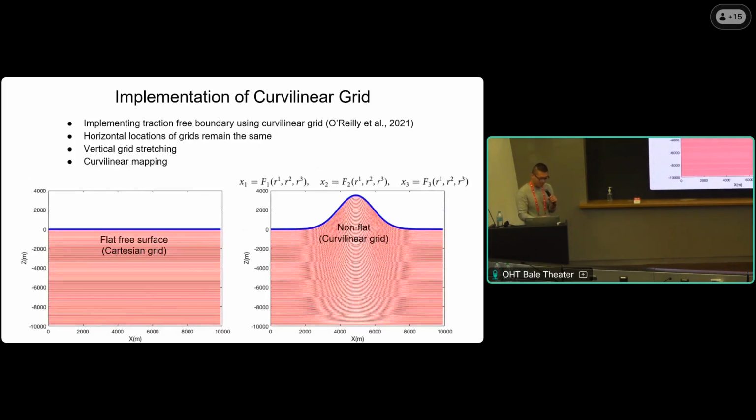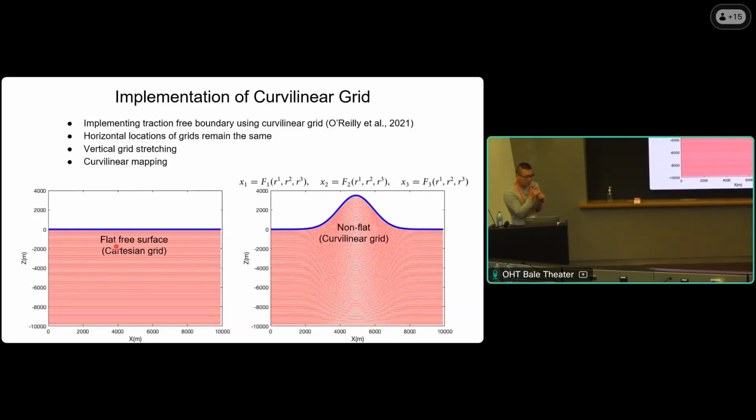So let's get to the first new feature in this AWP code. We're going to talk about the curvilinear grid feature. Previously we used what we call the Cartesian grids, that is right here. Because of the nature of the Cartesian grids, we have to assume that the surface of the Earth is completely flat.